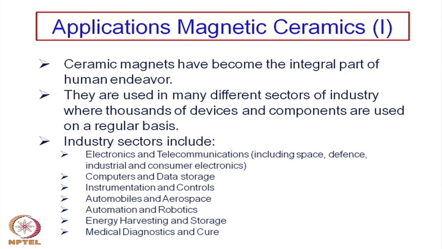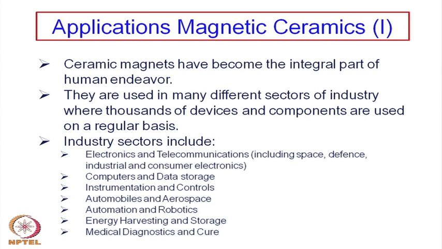And then magnetic materials are also used for drug delivery systems, okay, because these kinds of magnetic particles can be guided through an external magnetic field inside the human body, and one can place them wherever required by applying a magnetic field.